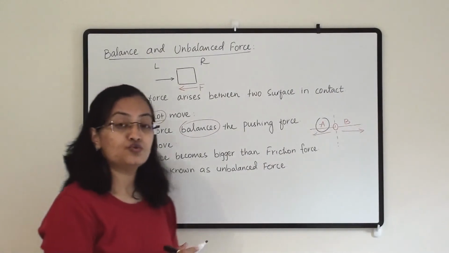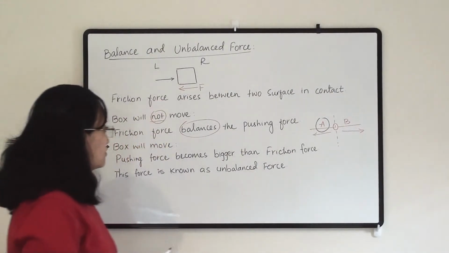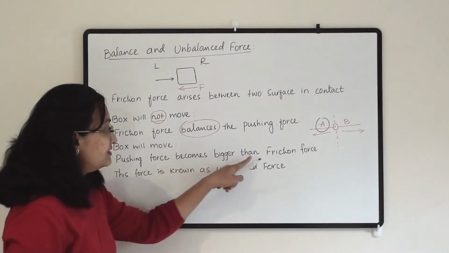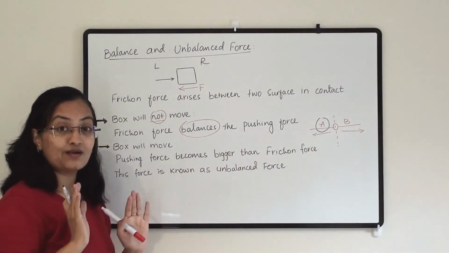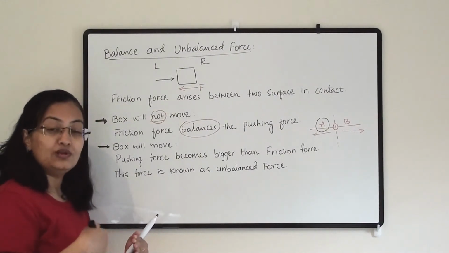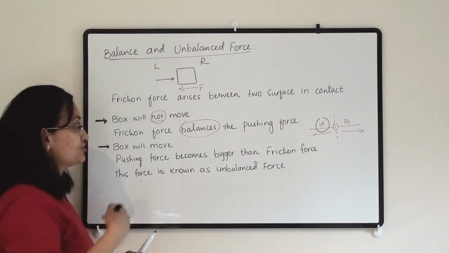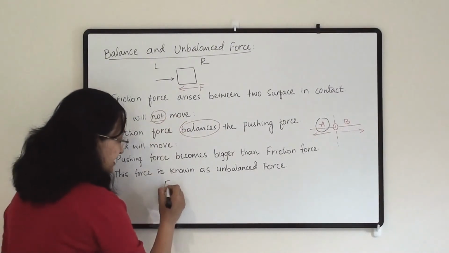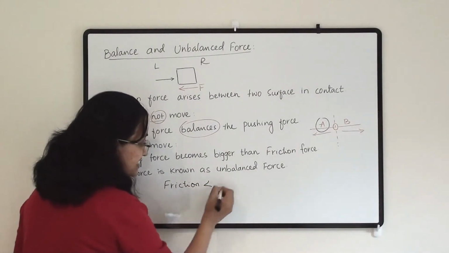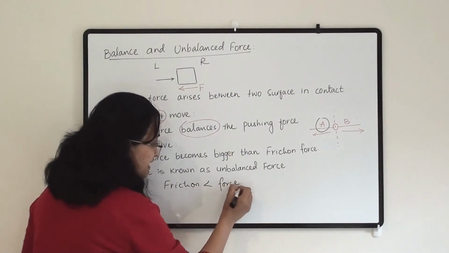Now in which situation will the box move? When the pushing force becomes bigger than the friction force. When I am pushing it harder, then my force will be larger compared to friction. Whatever friction force is applicable over here will be less compared to the force I am applying.